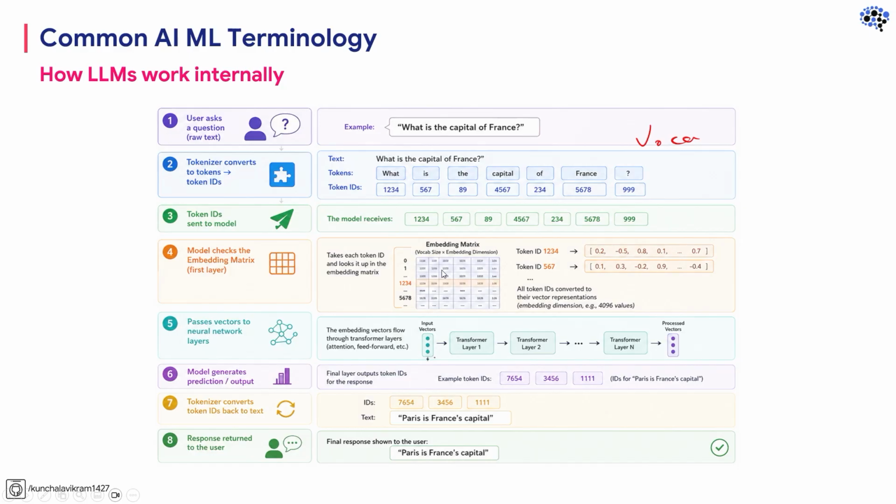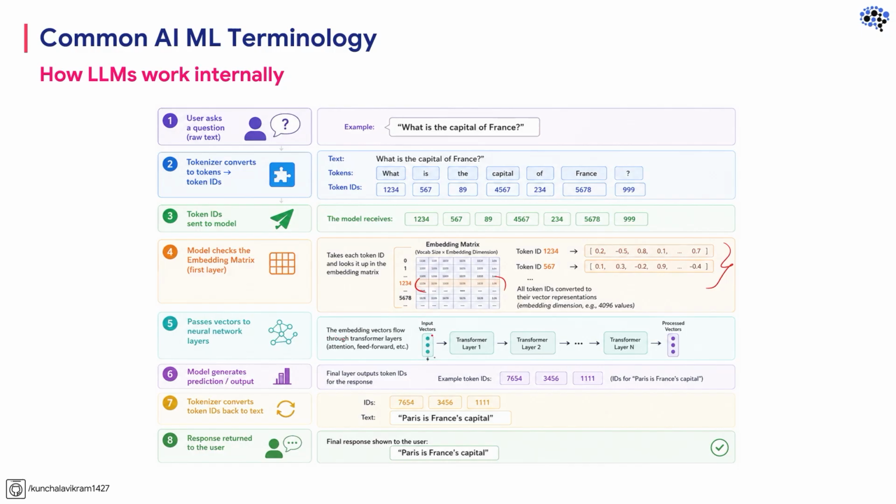And then these token IDs are sent to the model, and model has an embedding matrix, which is a lookup table containing the token ID and the associated vector. Again, these vectors are learned during the process of the training, so for every word there is an associated vector. So when the user asks any question, these vectors are fetched, and for the question all these vectors are sent to the neural network.